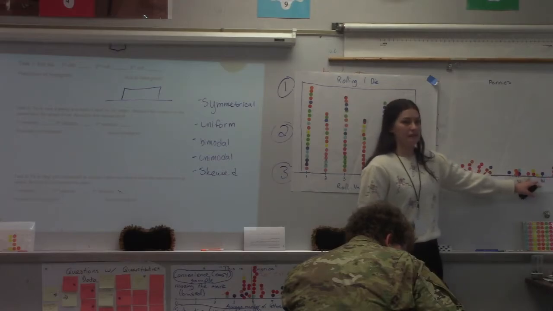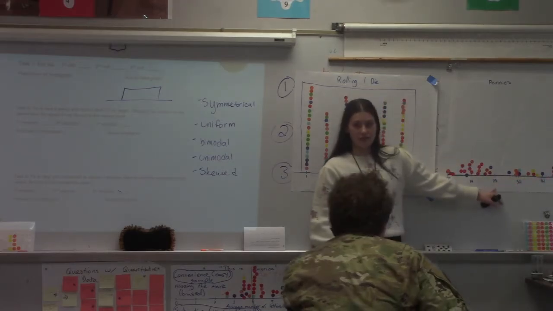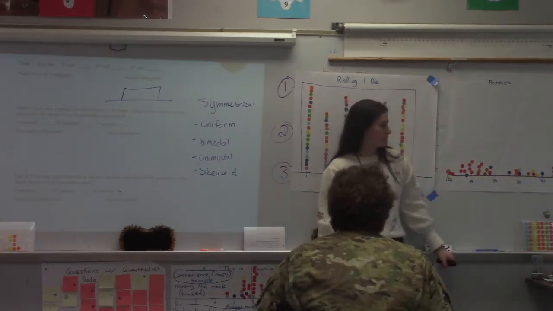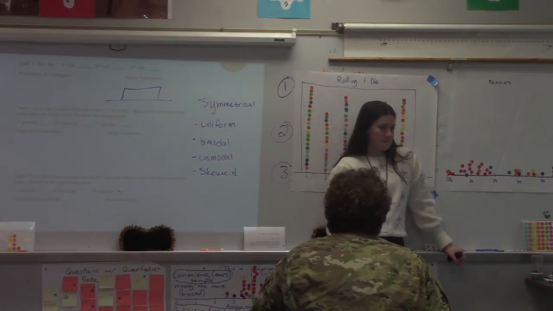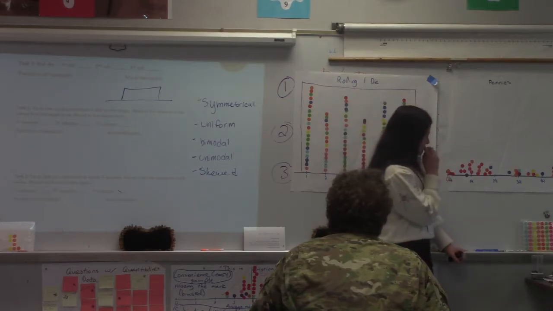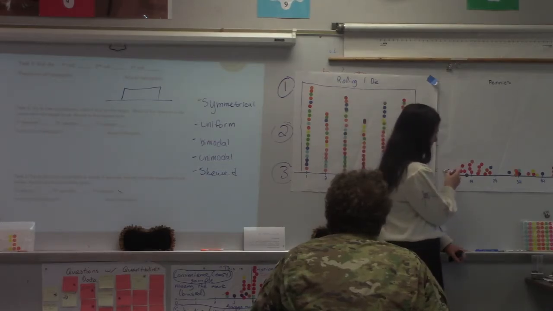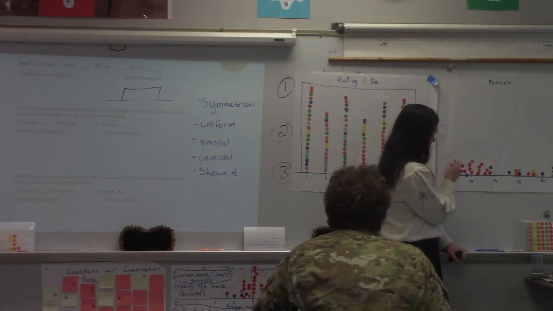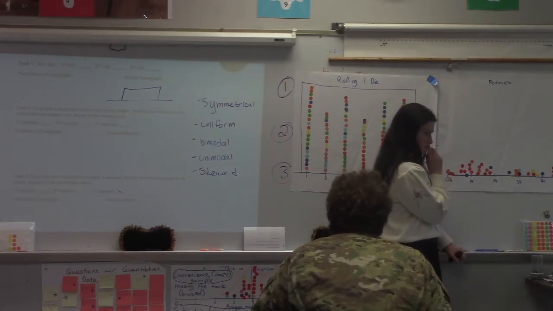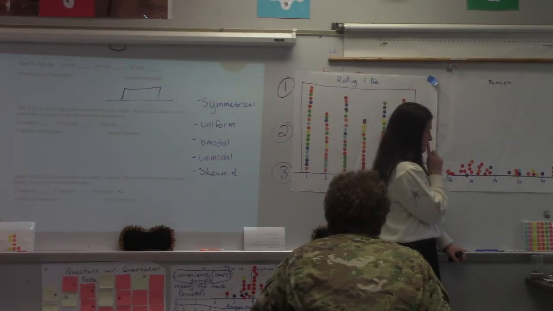What are we thinking here? I know it looks a little funky, but it's the way our data points are. I'm going to try to map it. I think it's the way dots are on here.